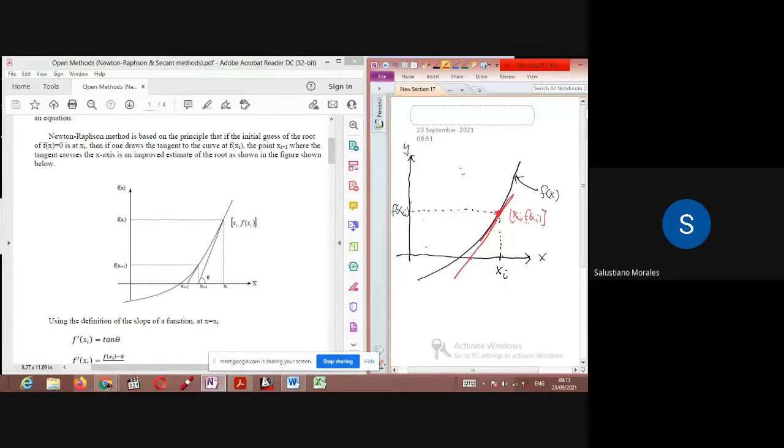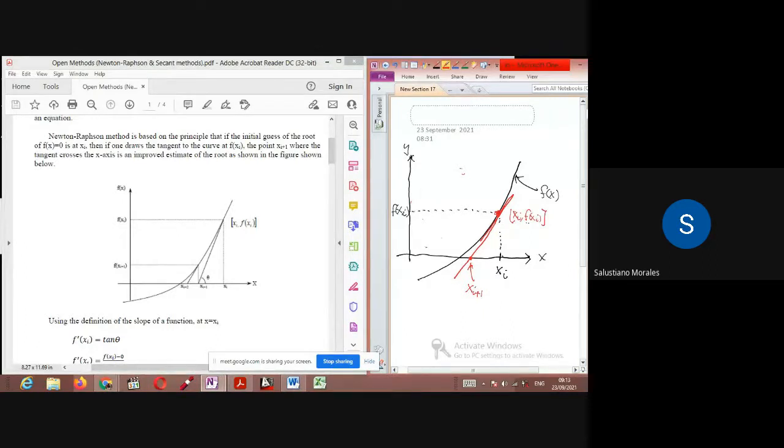Whatever the crossing of that straight line is will give us the new estimate of the root, and we consider that as our xi plus 1. That is the next approximate value of the root.